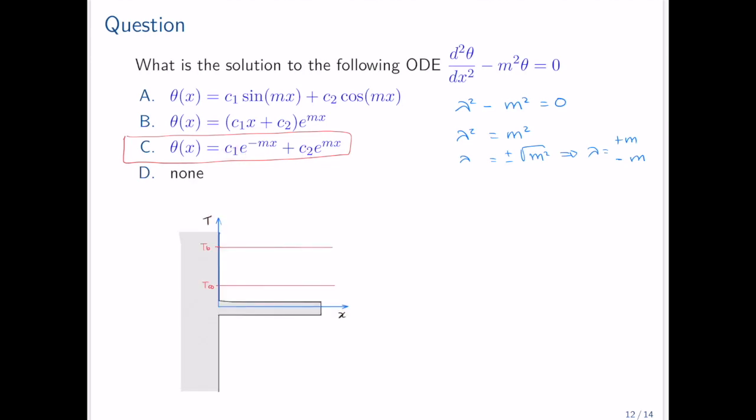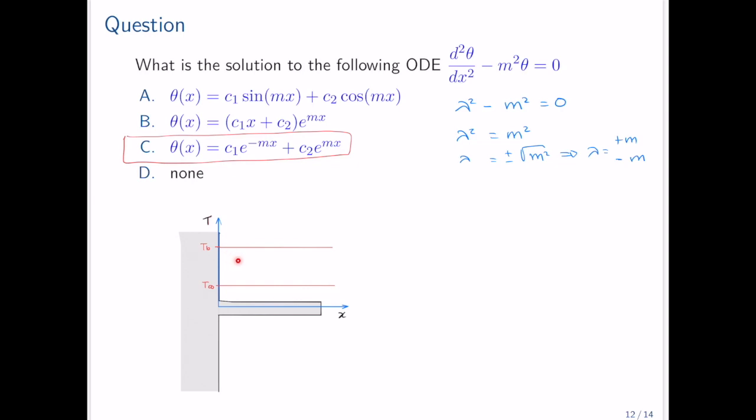So this is our fin, and I'm plotting the temperature on top. This blue coordinate system corresponds to the temperature in y, and x is the distance from the base. So this is going to be the base. T_b is the temperature at the base. Initially the temperature is at this point, T_b, and T infinity is the temperature of the air or the fluid around.